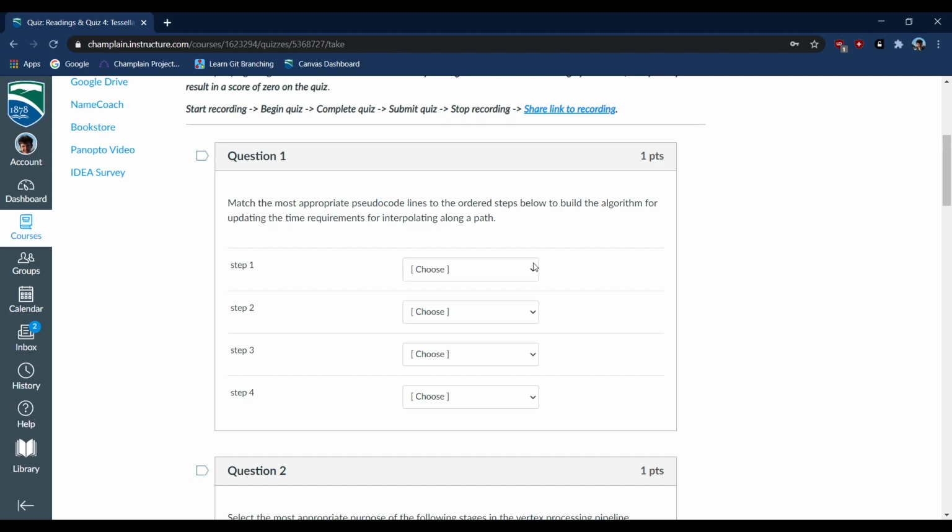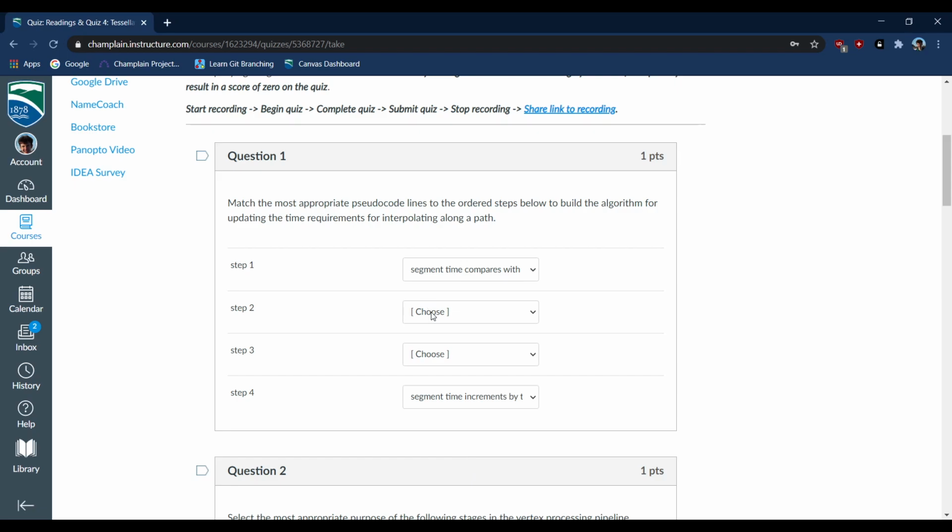Okay. So step one. So we need to first, I guess, compare to see if it does. I think the last step is that it increases.